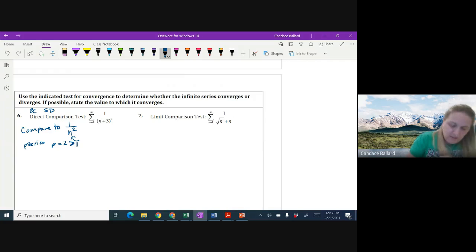So does that mean that my comparison series converges or diverges? Okay, so it converges. So the comparison is a convergent P series.